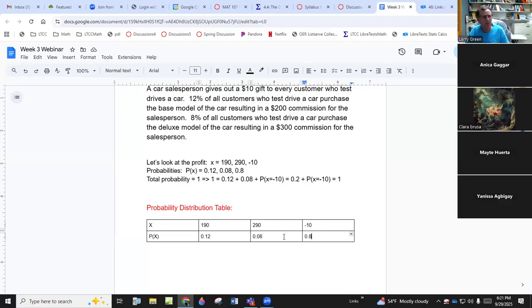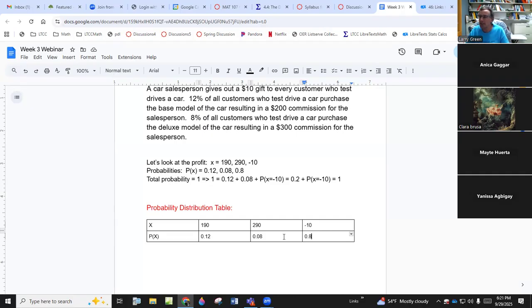But if you think about this person who is selling cars, if this person has a bunch of customers every day and maybe works for months and months, there's going to be hundreds and hundreds of customers. So what matters is over the long run, after many, many customers come in, what is the average profit?